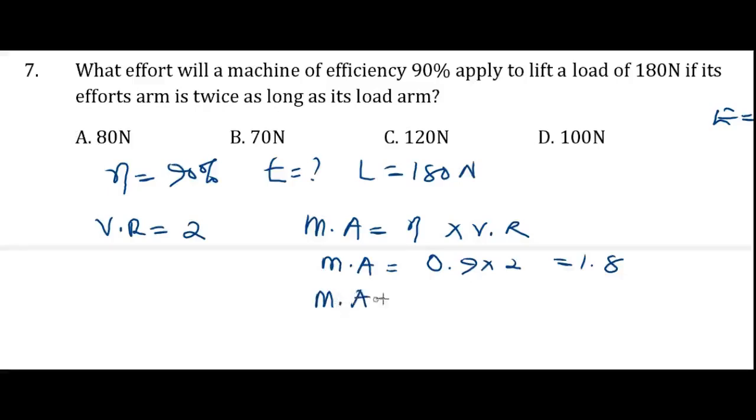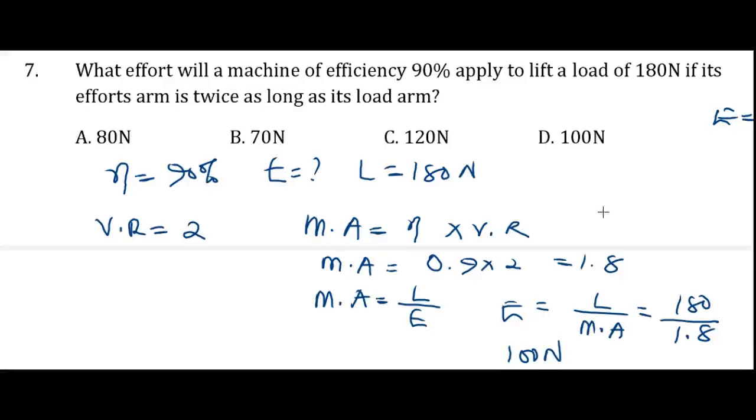Don't also forget that mechanical advantage is load over effort, and we are interested in getting our effort. So effort will be load over mechanical advantage. So the load given to us is 180, and our MA has been calculated to be 1.8. 180 divided by 1.8 is 100 Newton. So the answer to this question is option D.